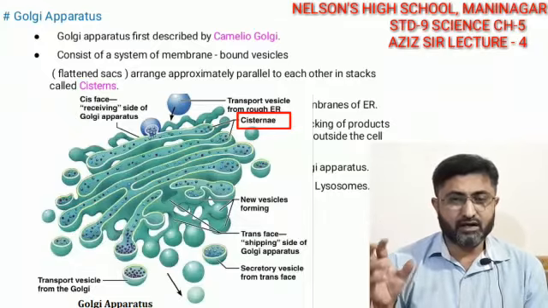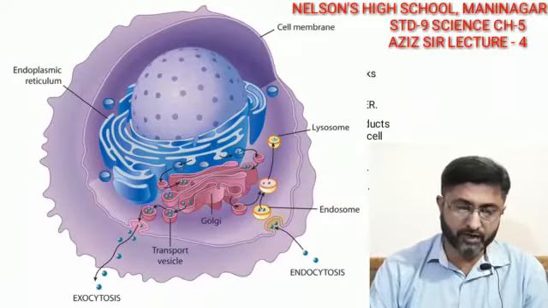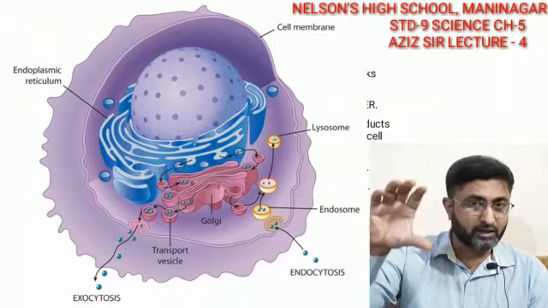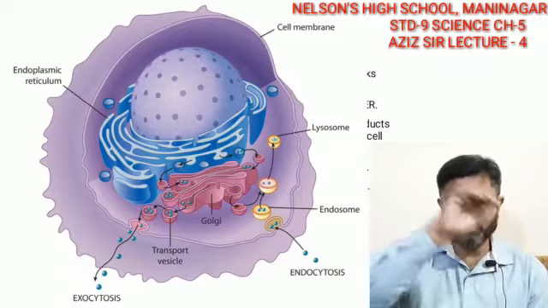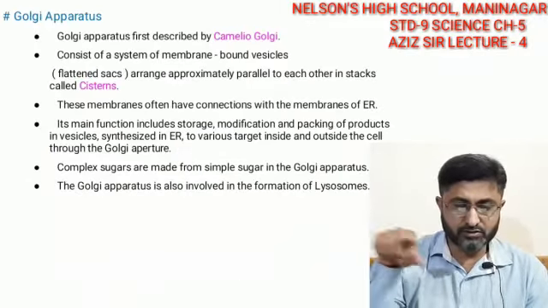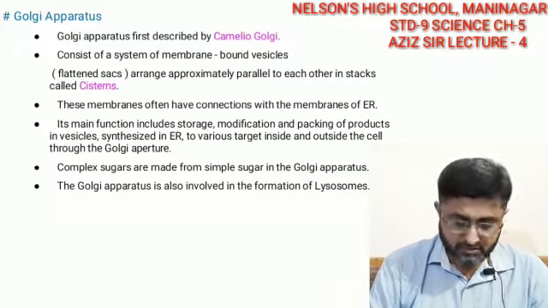You can say the Golgi apparatus is a small version of endoplasmic reticulum. Endoplasmic reticulum is attached to the nucleus, as I told you, but the Golgi apparatus moves freely inside the cell. These sac-like structures are called cisternae.